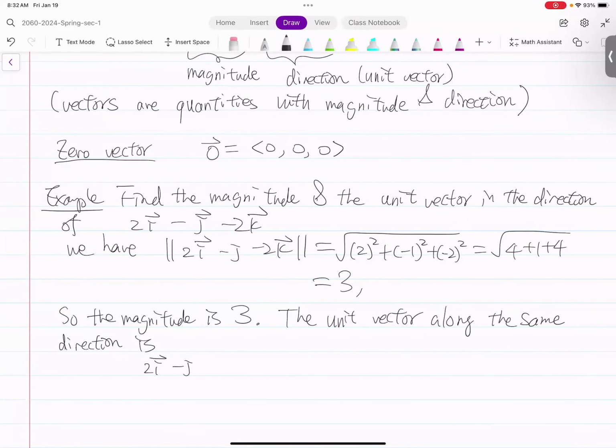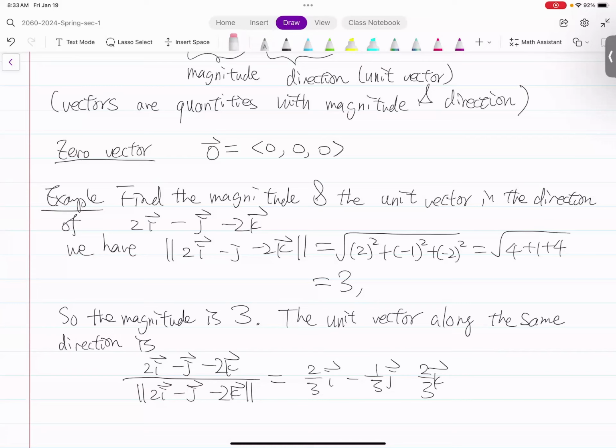The denominator is just 3, right? So every component we divide by 3. So it's going to be 2/3 i minus 1/3 j minus... Oh, wait. I notice that I'm copying things wrong. That's a 2, that's a 2. So why is it a 3? So that's a 2, and then that's 2/3.